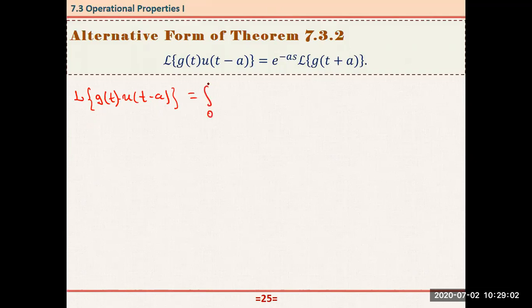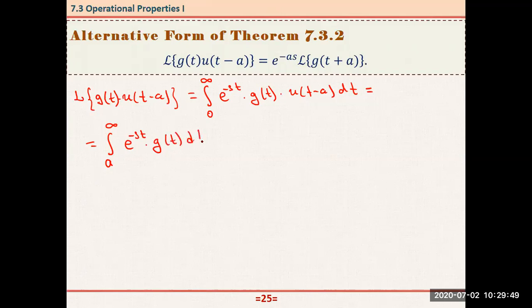It is the integral from 0 to positive infinity of e to the power minus st times g of t times u of t minus a, dt. Now, we know how to evaluate this: when t changes from 0 to a, the integrand is equal to 0, and so it is equal to the integral from a to positive infinity of e to the power minus st times g of t dt.